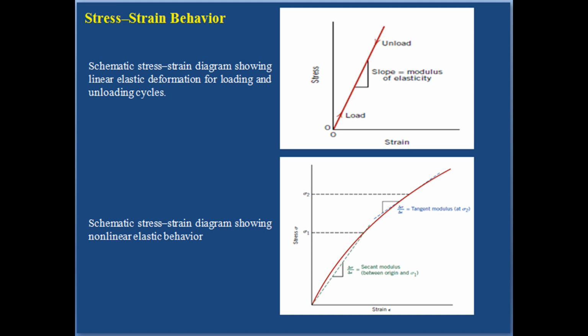Shear stress and strain are proportional through tau equals G into gamma, where G is the shear modulus, the slope of the linear elastic region of the shear stress-strain curve.